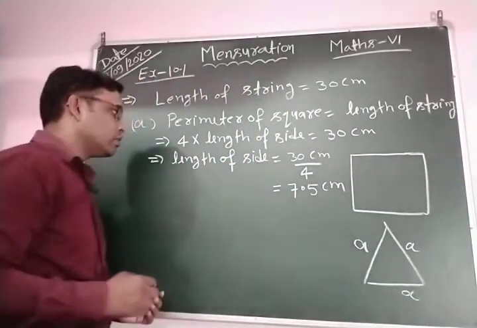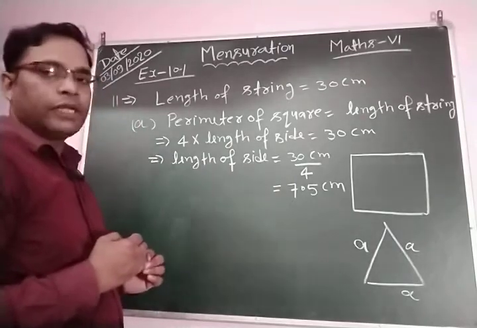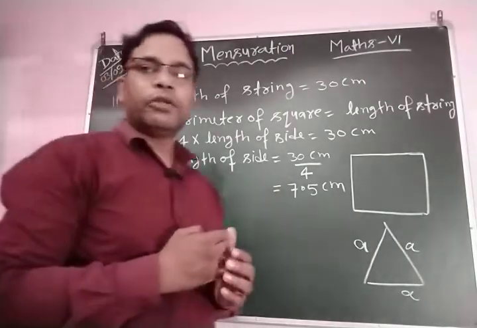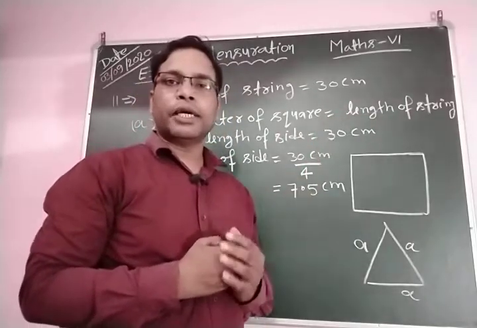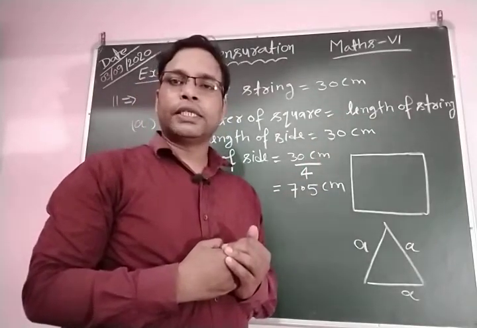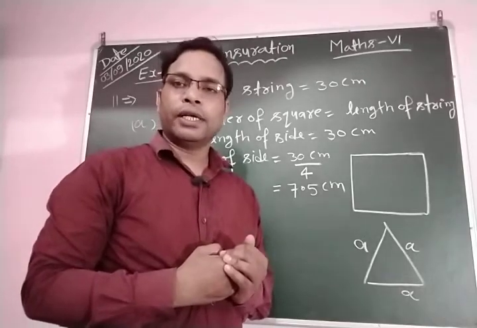Now, what is the perimeter of equilateral triangle? Perimeter of equilateral triangle is equal to length of string, because we use this string to form equilateral triangle.